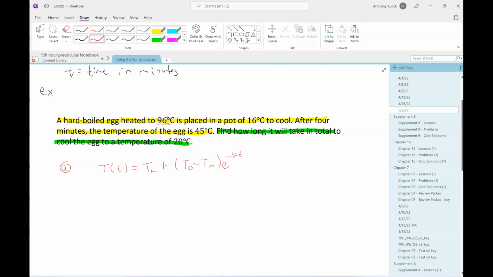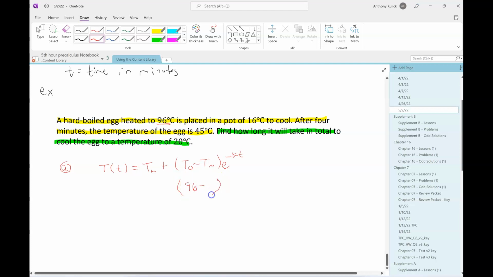That's the T naught, right? That's the temperature of the egg when you remove it from the heat source. Where does the 16 go? Tm, that's the temperature of the medium, right? That's the cold water that we're dumping our egg in.